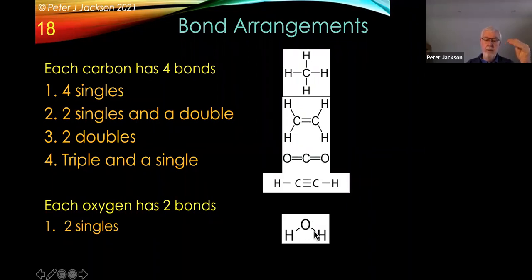Or it can have 1 double bond, as in carbon dioxide. Each oxygen has 1 double bond. Those are very important when you're drawing structures, to remember that. Other things like fluorine, chlorine, bromine, and iodine all have single bonds. Only 1 bond they can make.